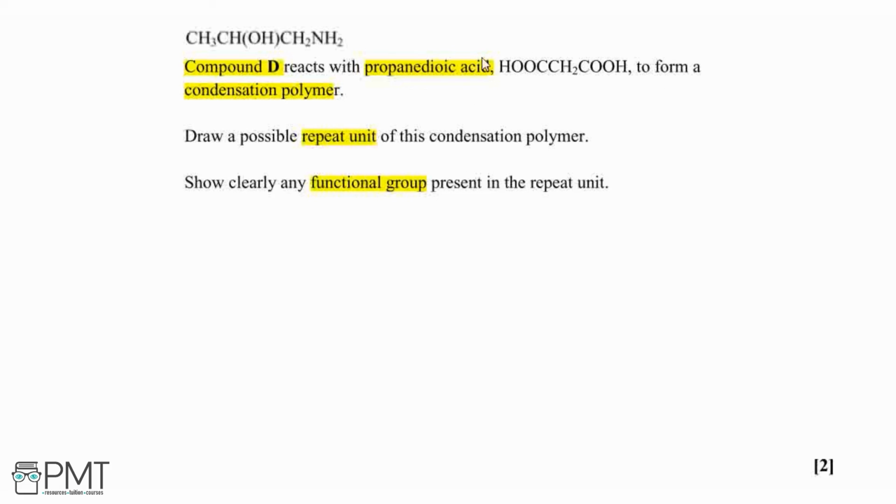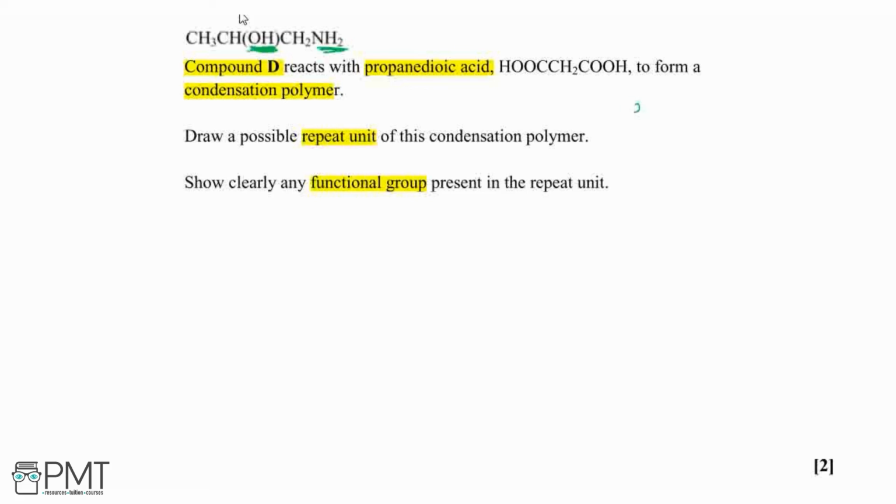So with our propane dioic acid, this is where we've got a carboxylic acid group at either end of the molecule. And this can react in two places on our molecule of compound D. It can react with the alcohol group here to form an ester, or with the amine group here to form an amide.